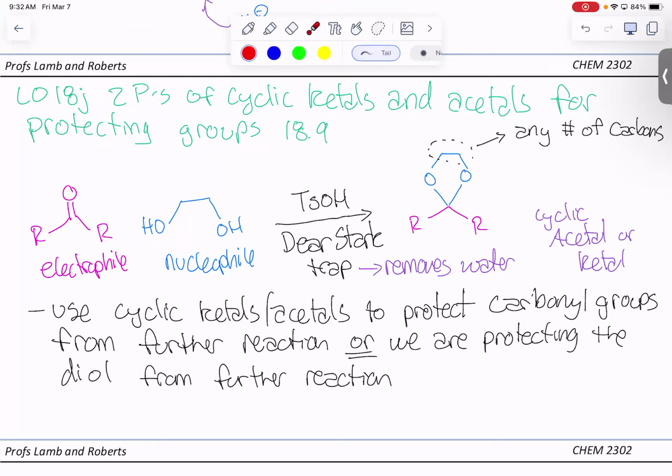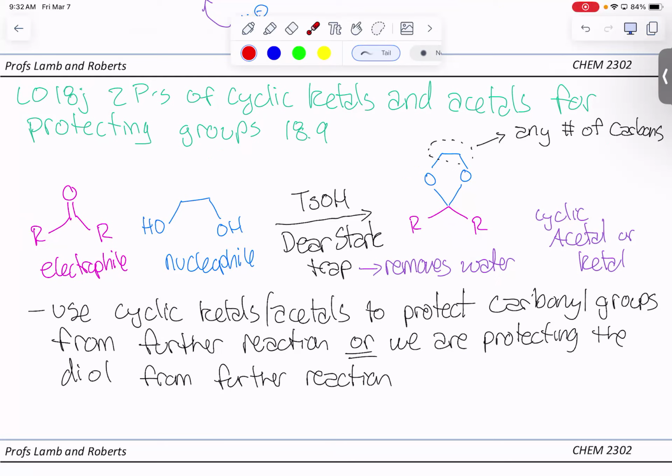All right, so let's talk through some scenarios. Now that we have our technical definition, say one of our R groups here was an alkene, right? And we wanted to hydrogenate our alkene, and we wanted our final product to continue to have a ketone. Now, we know you can hydrogenate alkenes with H2 and a metal catalyst like palladium.